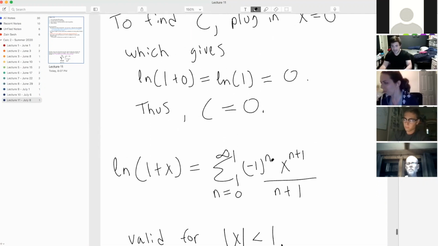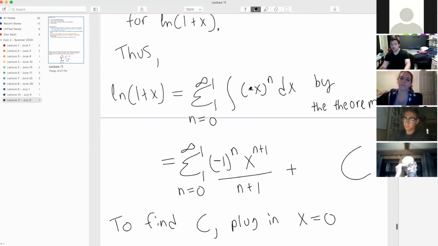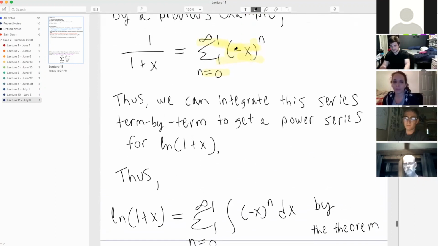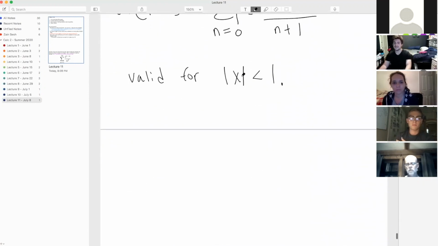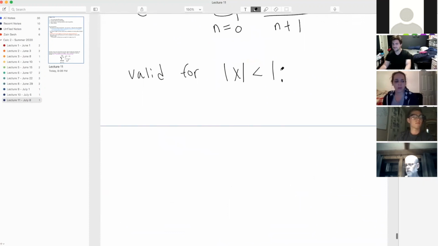And why is that? Because the series that we integrated, this guy all the way above, was also valid for absolute value of x less than 1. And the theorem tells us that they have the same radii of convergence. Okay, so that's by the theorem. Good, awesome.